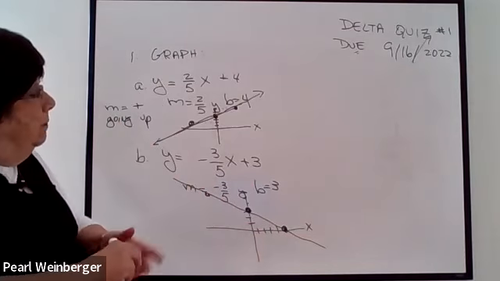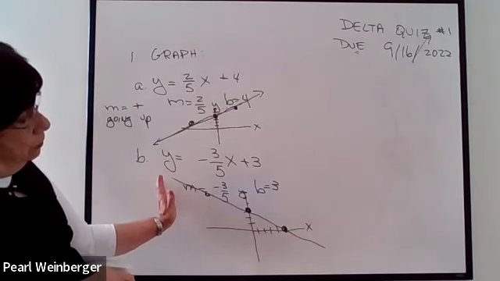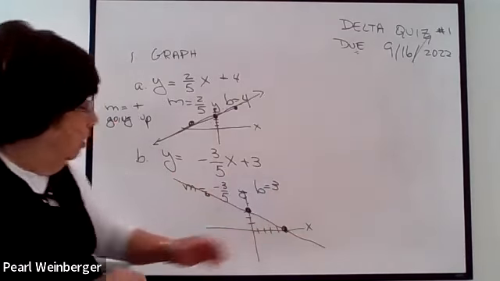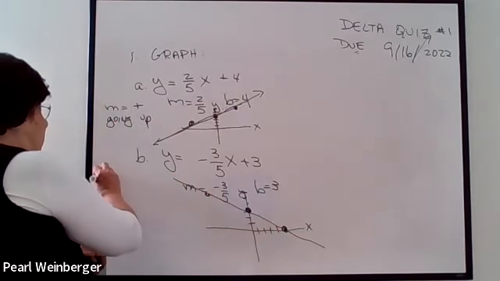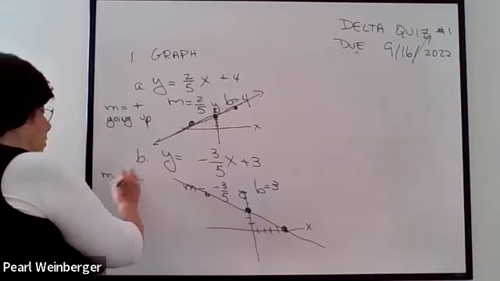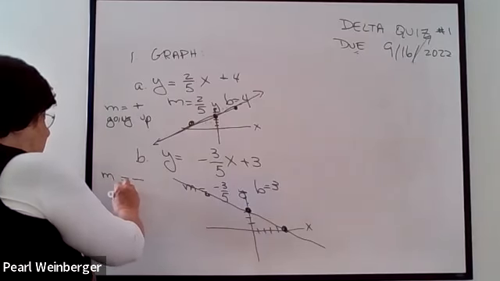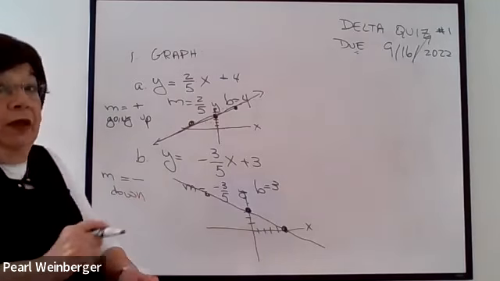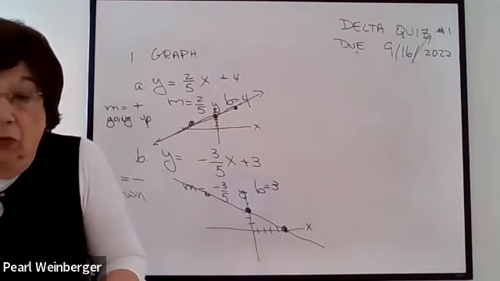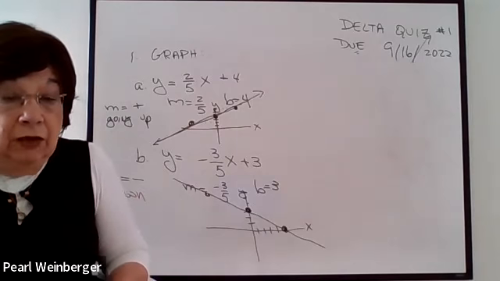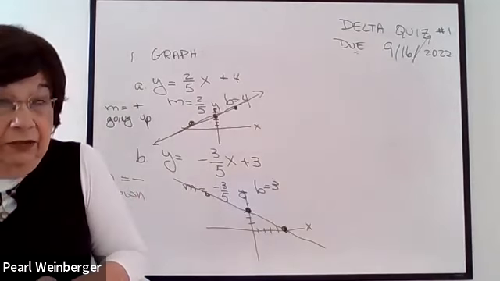And we got a line that looks like this. And look what's happening as we go along this line from left to right. When the slope is negative, the line is going down. It's falling. So as soon as I know what my slope is, I know in which direction that line has to go.